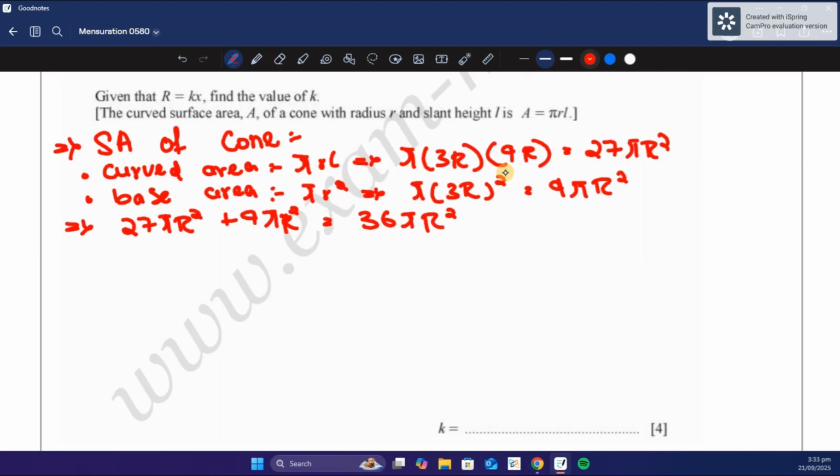Alright, let's move on to the surface area of the cylinder. Okay, so for the cylinder we have two circular bases, okay, and we have the curved area.